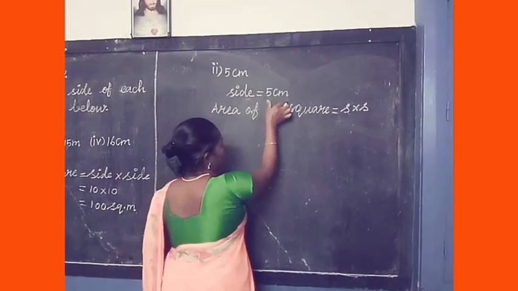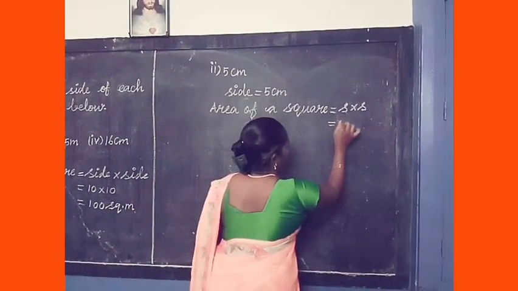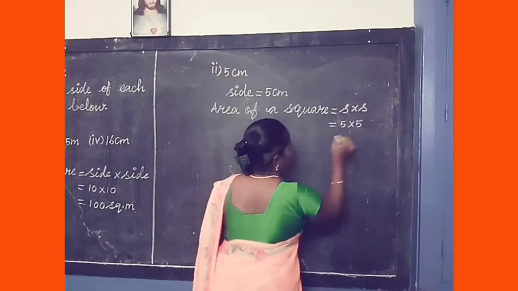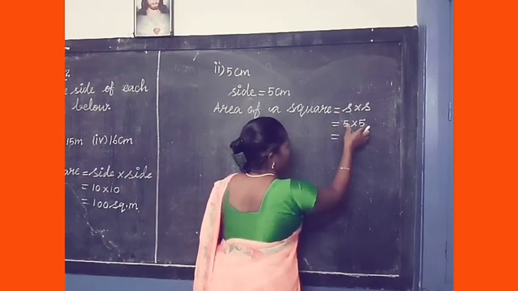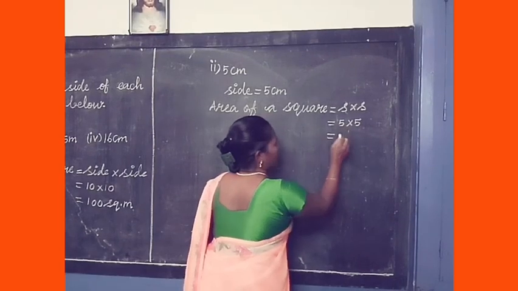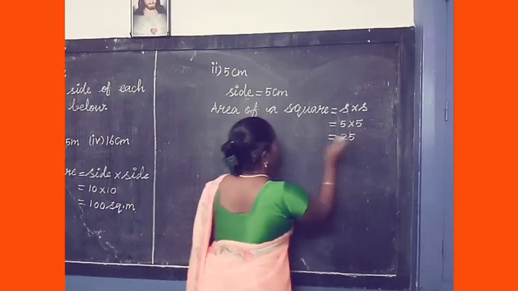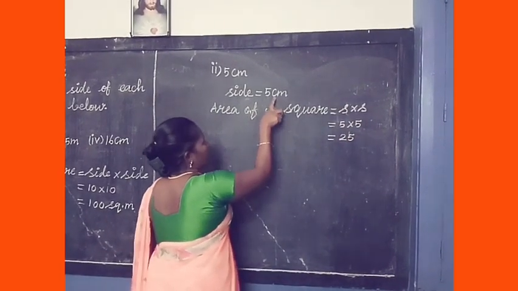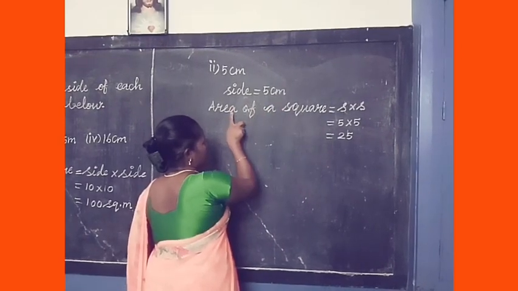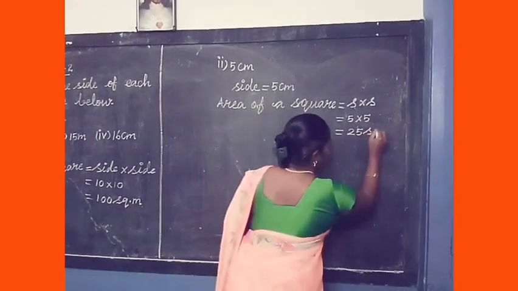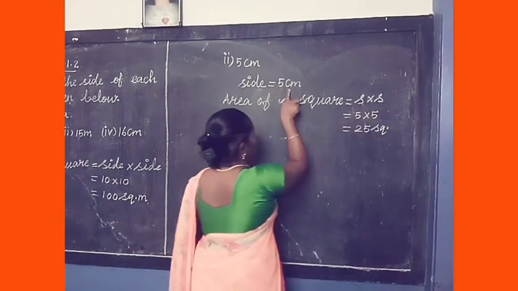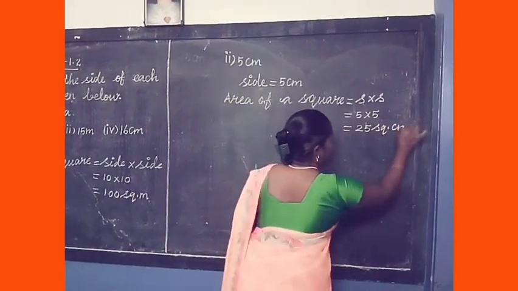Side value is 5 centimeter. So we write 5 into 5. 5 fives are 25. What is the unit value? Centimeter. We have to find the area, so we write first square, next the centimeter value, square centimeter.